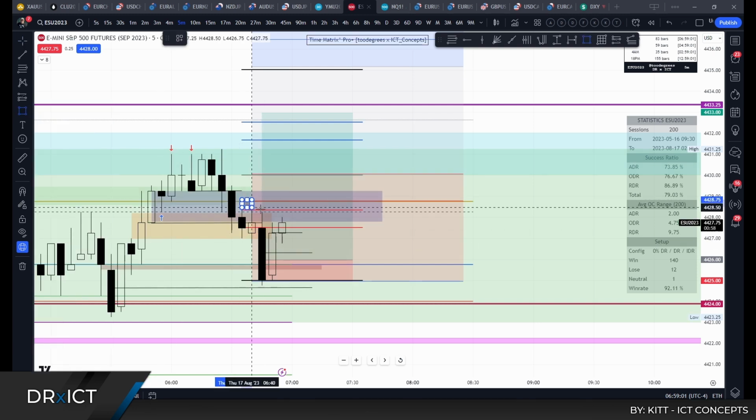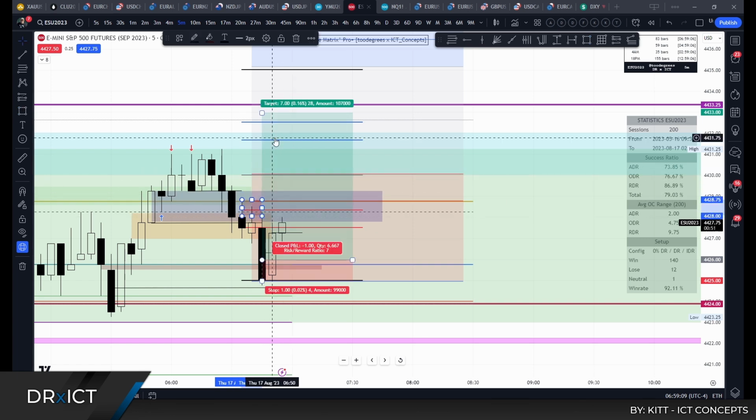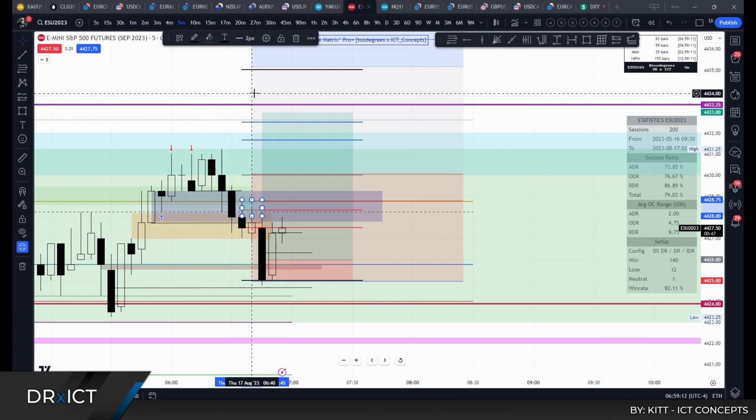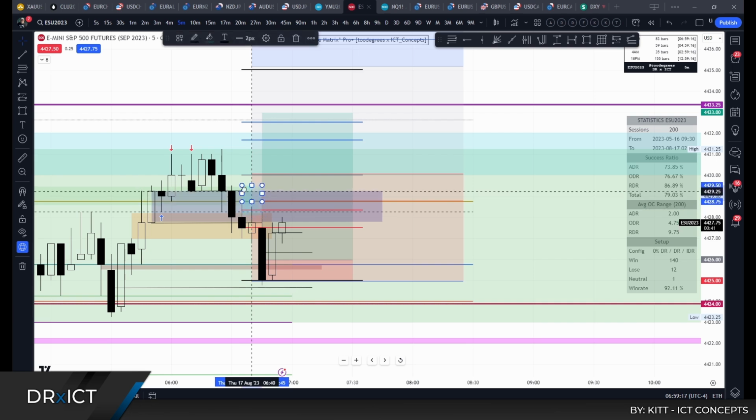So we'd want to see. Okay, let's make these a slightly different color. Give them a turquoise hue. Control click. I have to change that up.